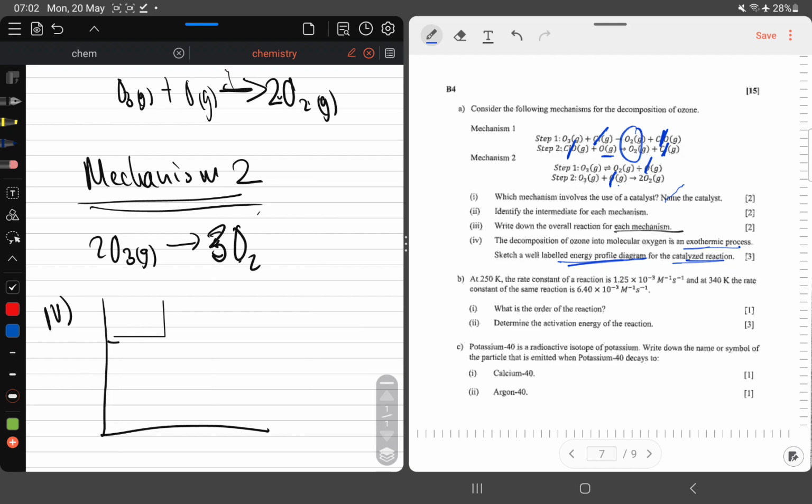All right. So in here, what we are going to have is it goes like this. Because it's exothermic, it loses energy, right? And in here, we are going to have our delta H, okay, between these two.